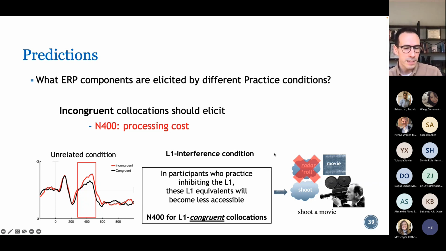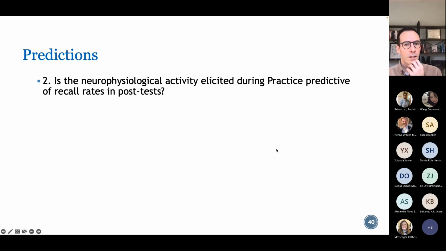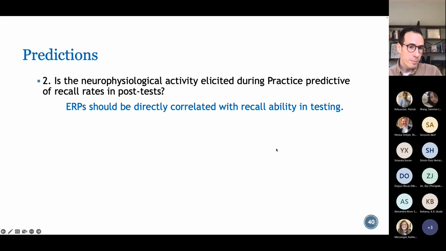In other words, if these are being inhibited, then we might see a cost, an N400, for the congruent collocations that these verbs are part of. So then the prediction for the second question is clear. If ERPs are in fact showing inhibition, then we expect that the amount of inhibition should predict or be correlated with the recall activity in testing.